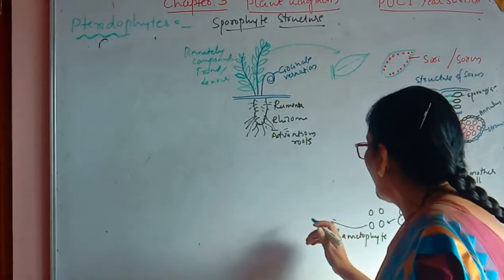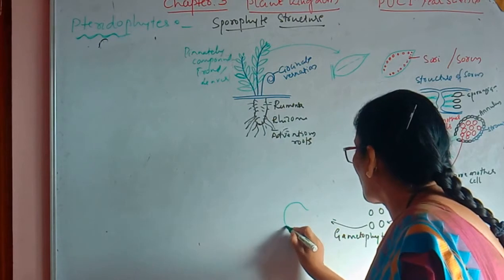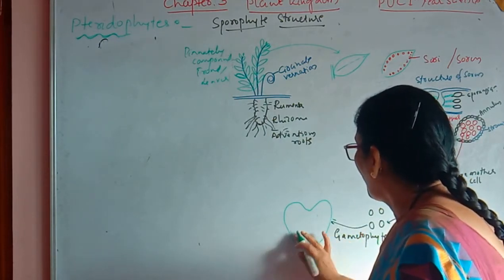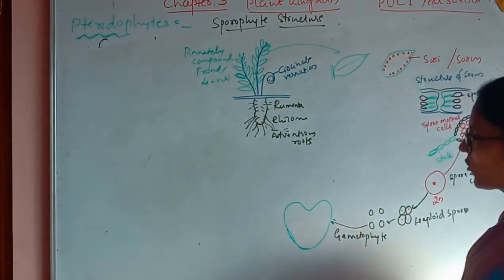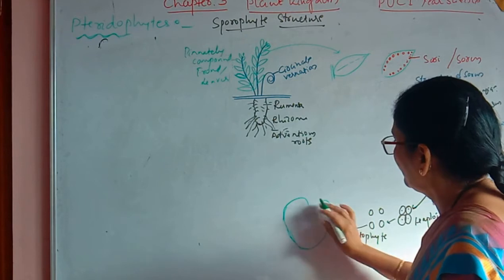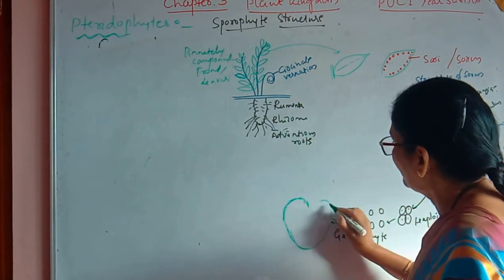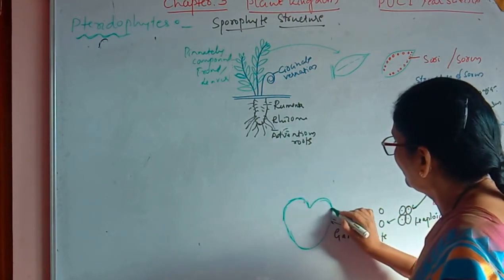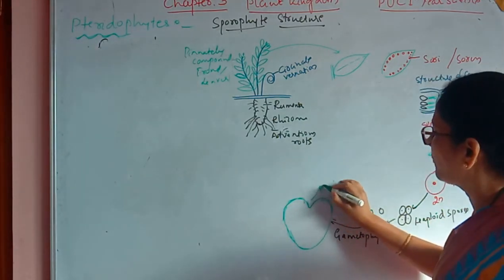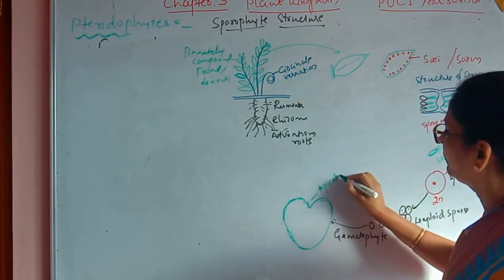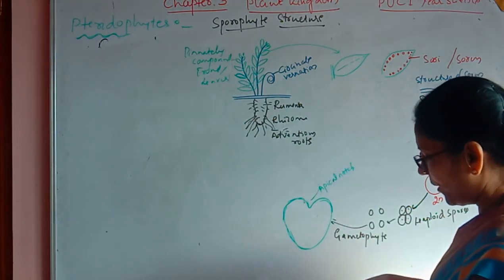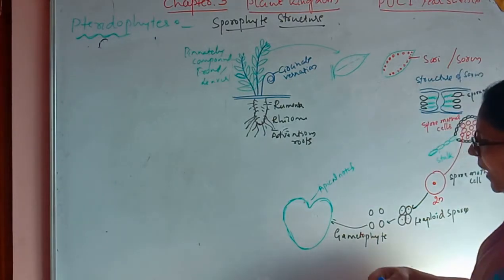The gametophyte is a heart-shaped structure. And there is a notch, called the apical notch. And on the lower surface, there are rhizoids.